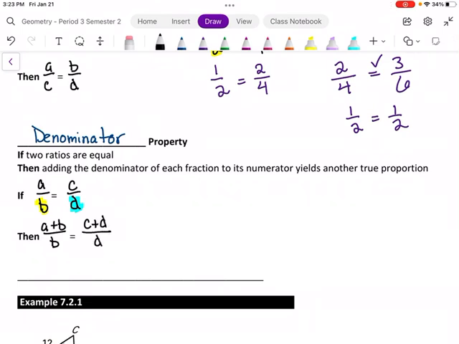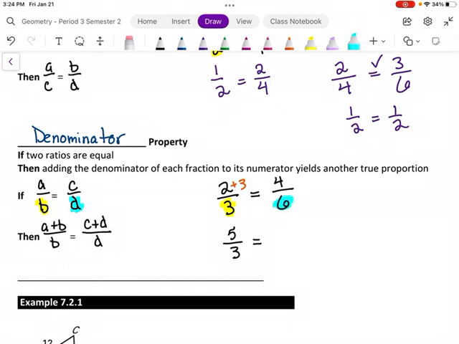And this might seem like it wouldn't work, but if we test it out with 2/3 and 4/6, if we take our denominator 3 and add it to the top, we would have 2 plus 3, which is 5/3 equals, and then we would take the denominator 6, add it to the top as well.